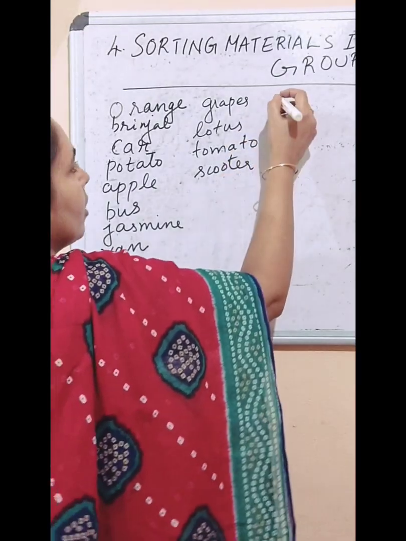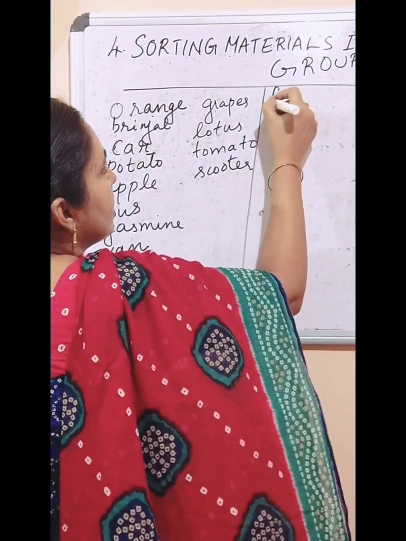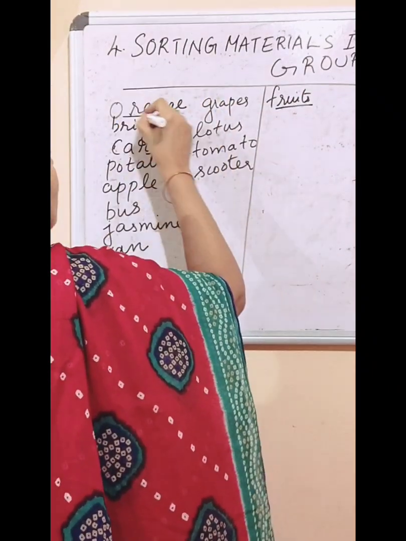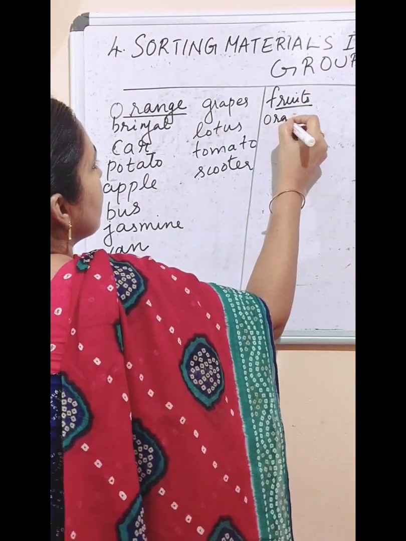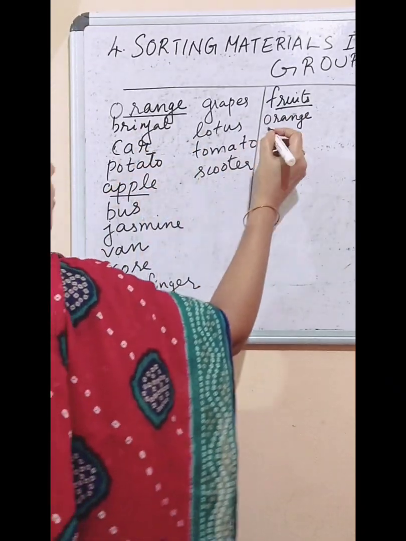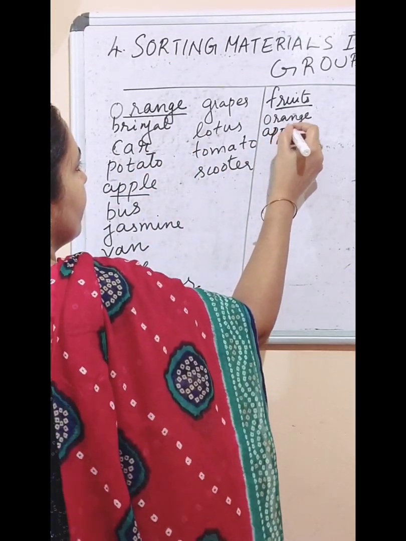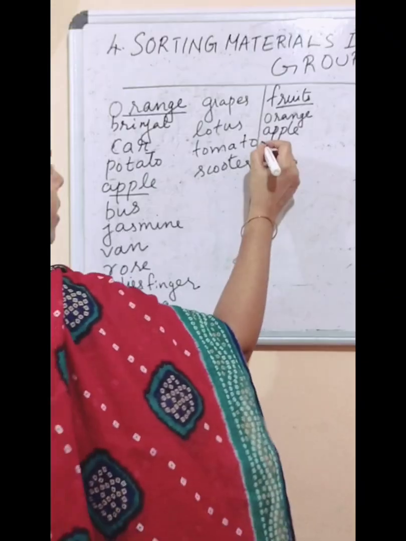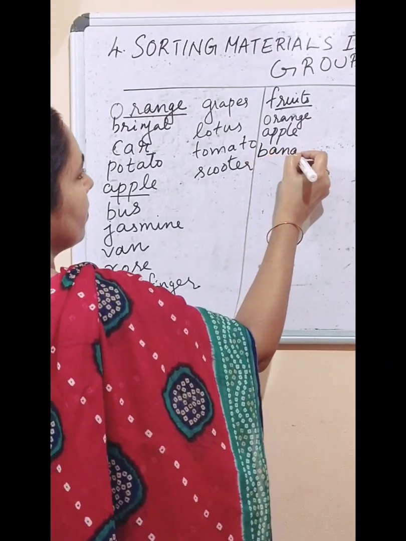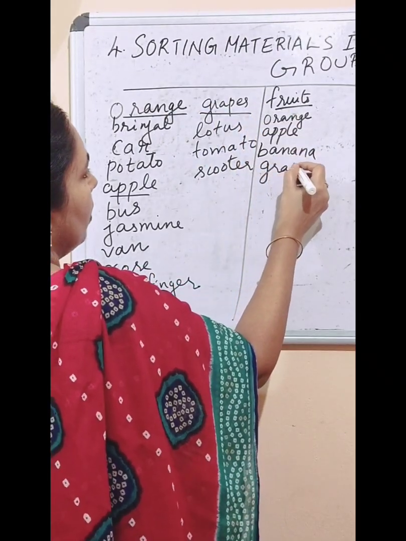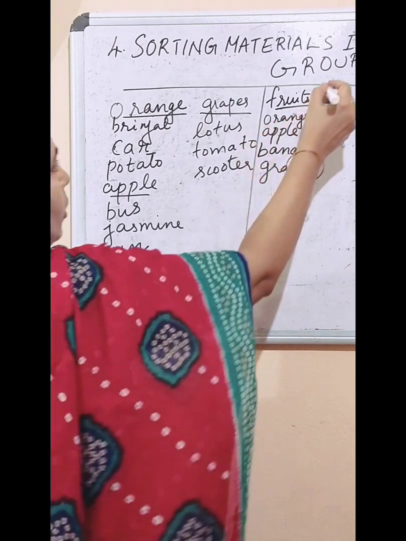So we can classify all the fruits in one group. So which are the fruits? Orange, then apple, banana, and grapes. So all the fruits in one group.